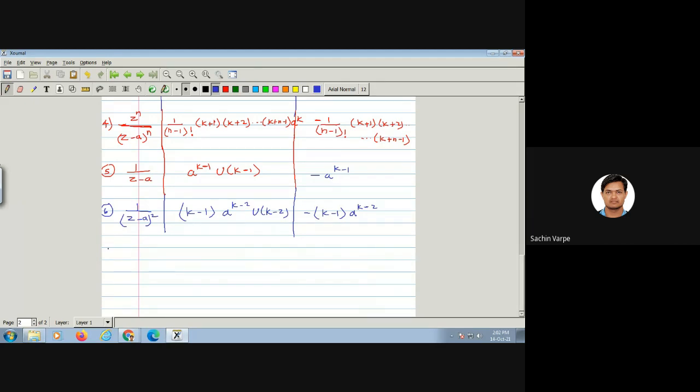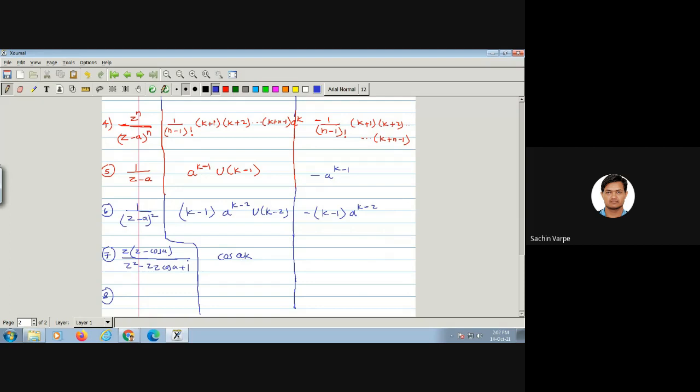Similarly, if we have this function given, z into z minus cos a upon z square minus 2z cos a plus 1, what is its inverse z transform? Its inverse z transform will be cos of ak.